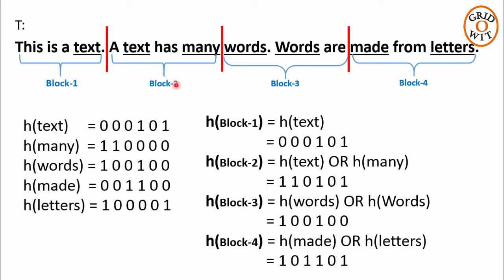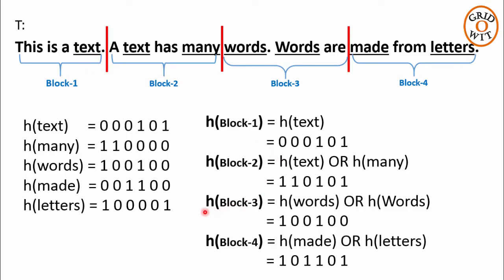For example, the hash value of block 2 can be calculated by applying the OR operation between the hash value of text and the hash value of many. Similarly, the hash value of block 1 will be equal to the hash value of the word text, because there is only one word underlined in block 1, that is the word text.